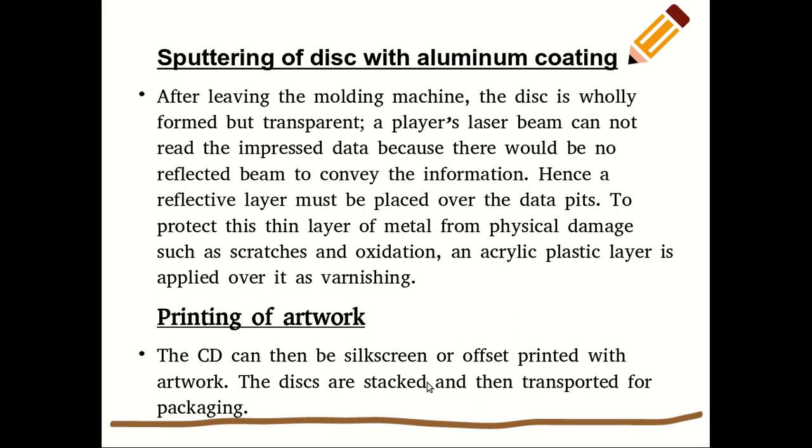So these are the various steps through which a CD needs to go if we wish to store some data on the CD and again reproduce back and transfer to various places.